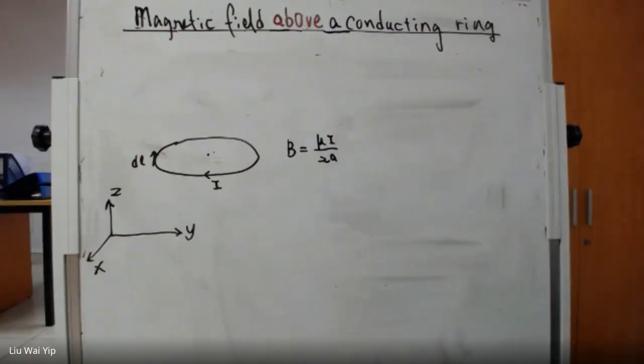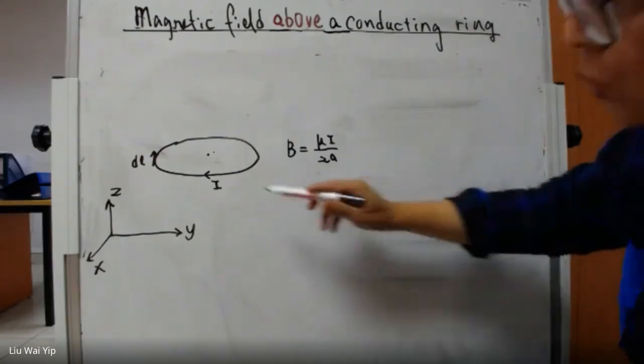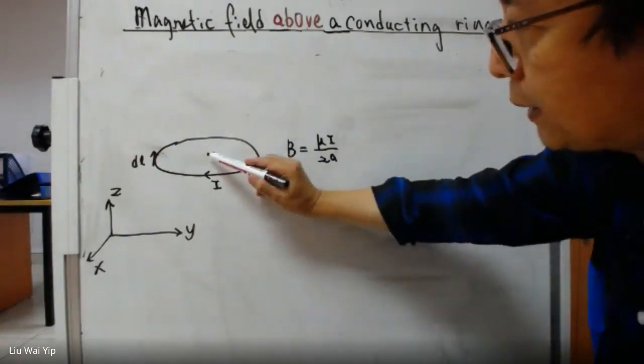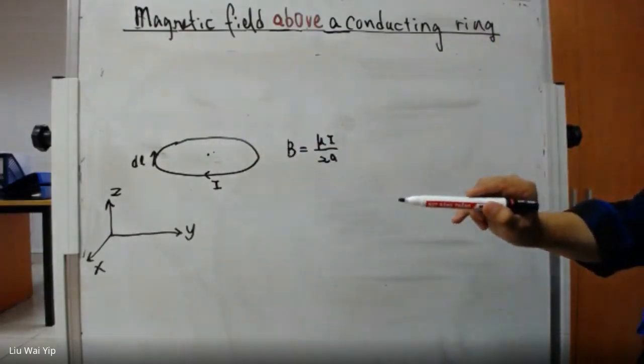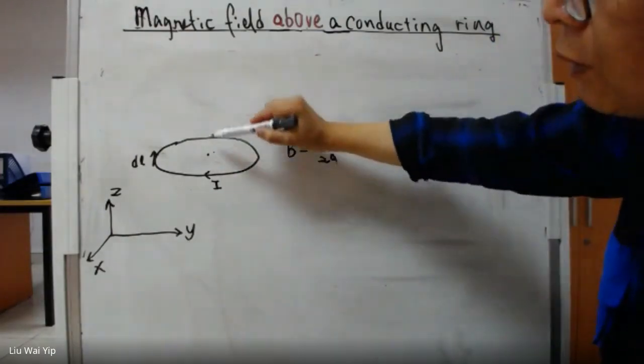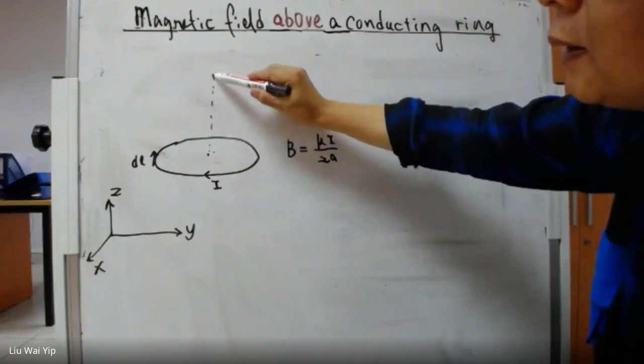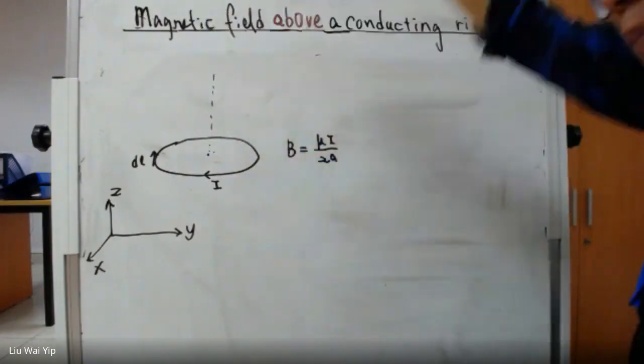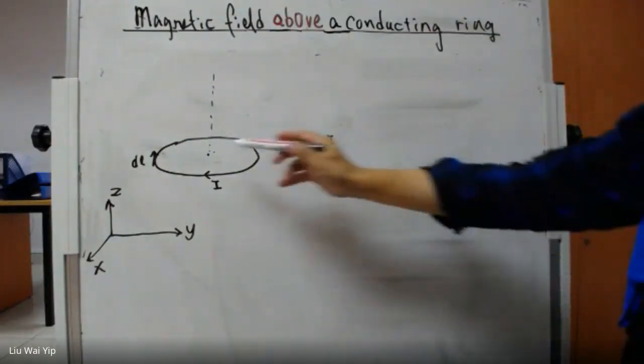So what we are going to do today is extend our analysis. Instead of observing the magnetic field right at this point, we are going to measure the magnetic field at some height above the metal ring.